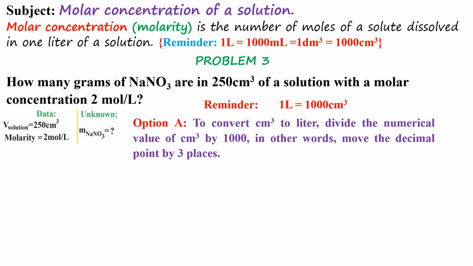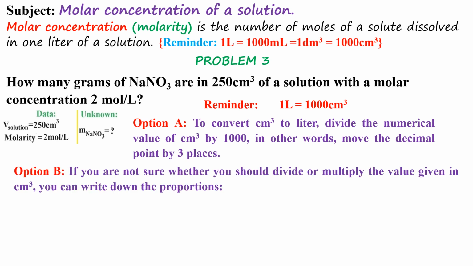We need to remember that 1 liter equals 1000 cubic centimeters. To convert cubic centimeters to liter, divide the numerical value of cubic centimeters by 1000. In other words, move the decimal point by 3 places.